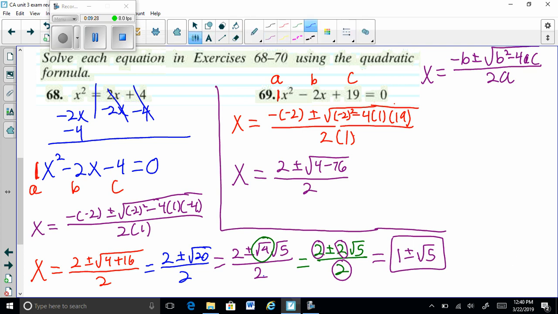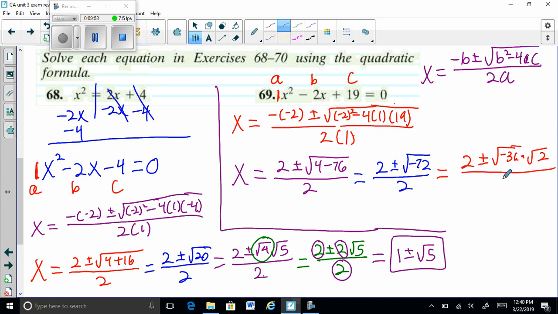Let's see, working from left to right. So now I'm going to have 2 plus or minus the square root of negative 72 all over 2. So you are going to be able to pull out an i, but you can do it now, or what I'm going to do is write this as 2 plus or minus the square root of, let's see, I believe it's going to be negative 36 times the square root of 2.